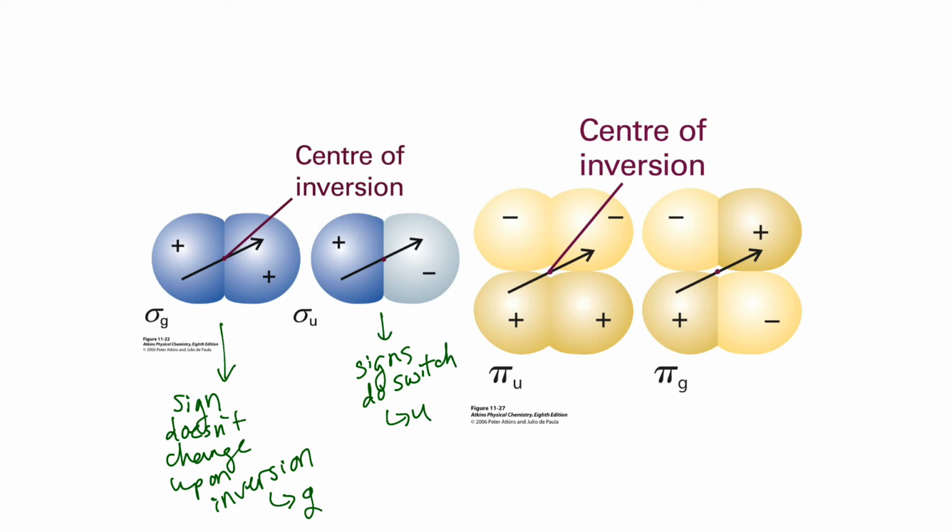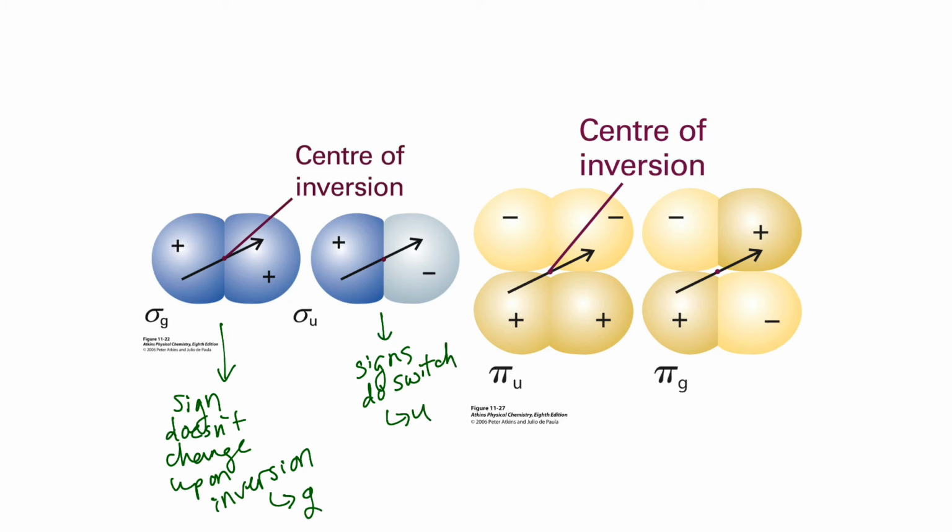It's an inversion across the center of inversion. So this corner is going to go to this corner, and this corner is going to go to this corner. Then ask yourself, what happens when I do that? When this negative goes over here, I'm switching the sign. So this is going to go from positive to negative, and same with that inversion.